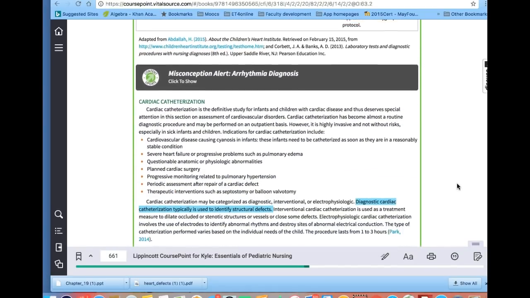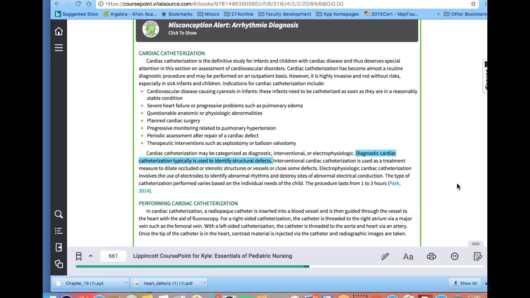All right, so cardiac cath. A cardiac cath, you'll see a lot of these done to diagnose congenital heart issues in kids. Pretty much any child that we suspect has a cardiac defect will get a cardiac cath. There's 3 different kinds.